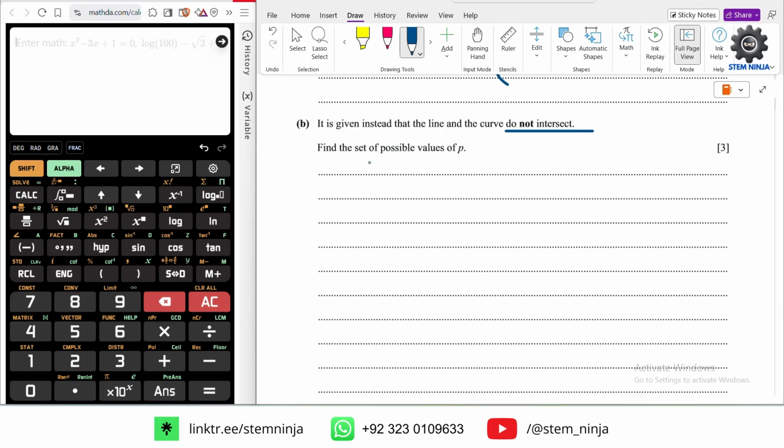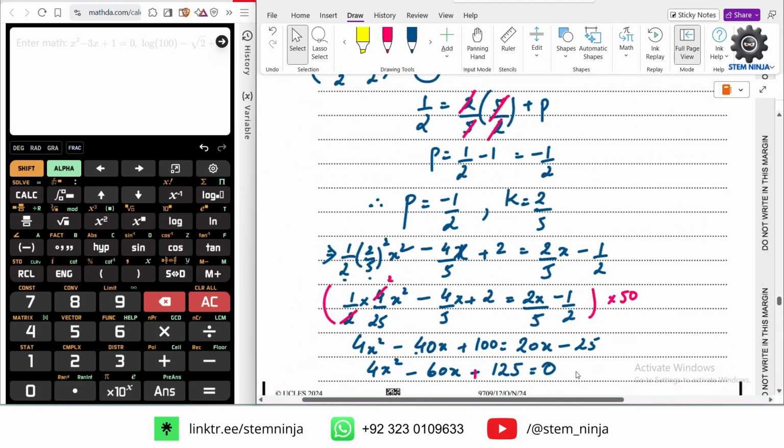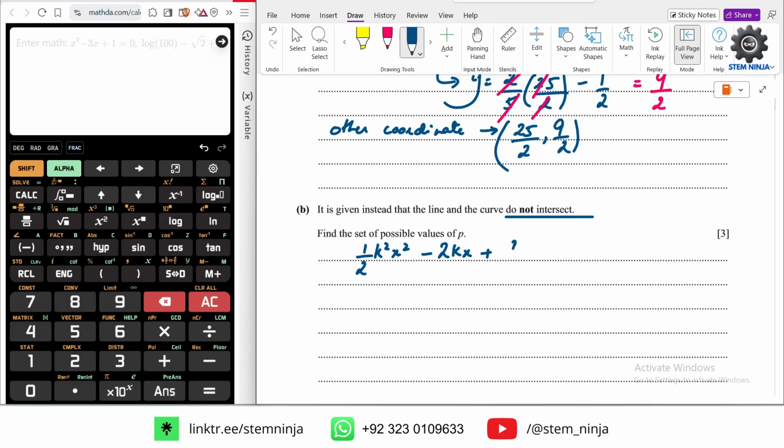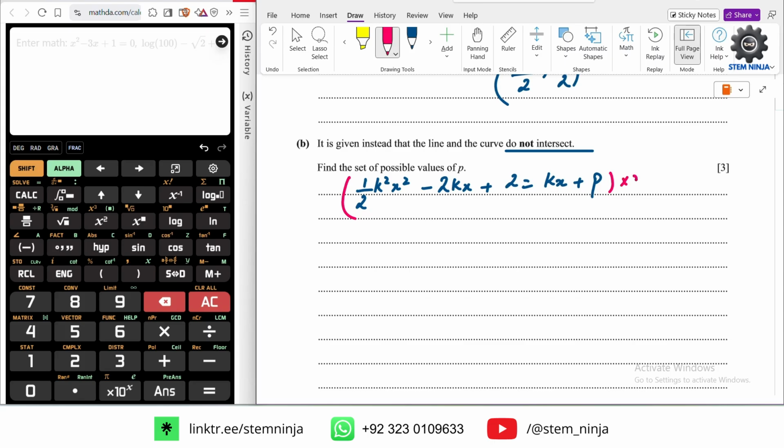Okay, so let's write the equation. Half k squared x squared minus 2kx plus 2 equals kx plus p. We multiply this by 2.